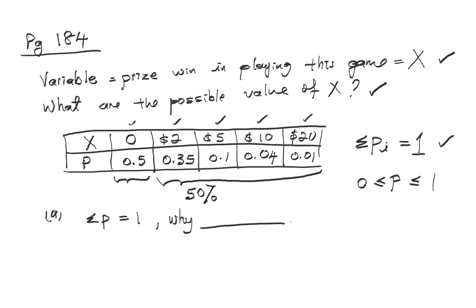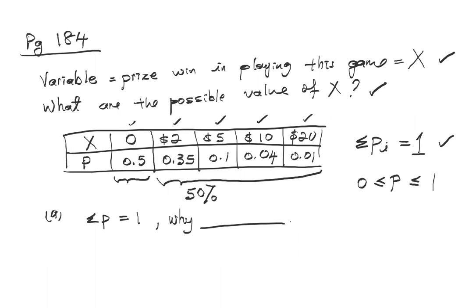Because these are all the possible outcomes. So for all these possible outcomes to happen, the chance is what? I'm asking you, why must all the probabilities end up equal to 1?